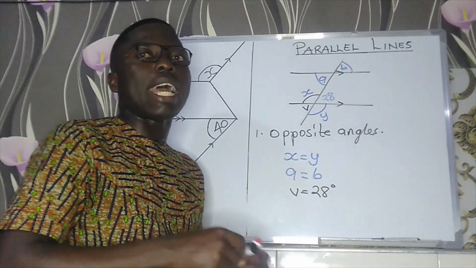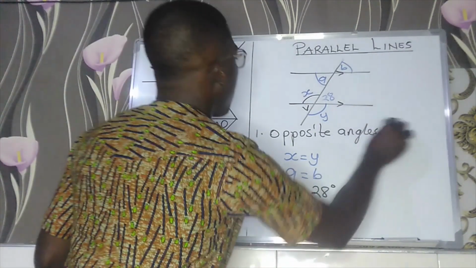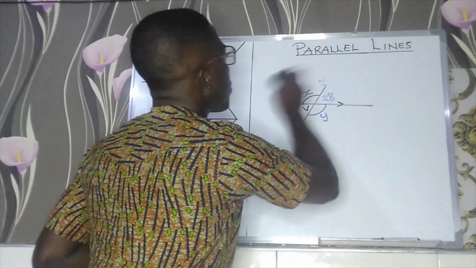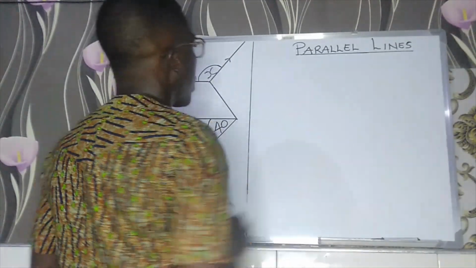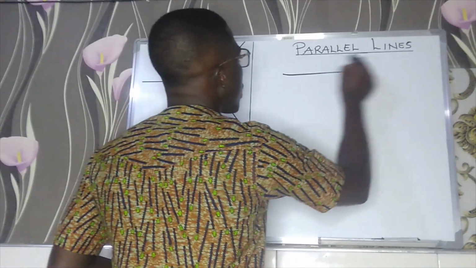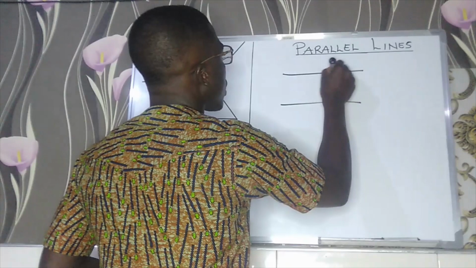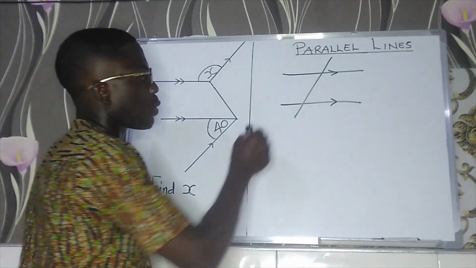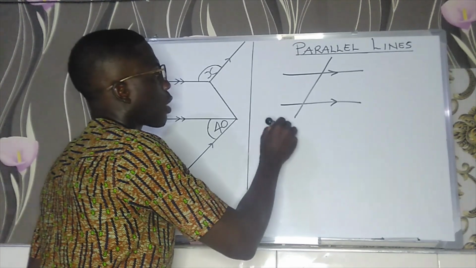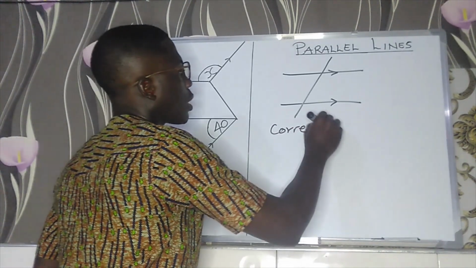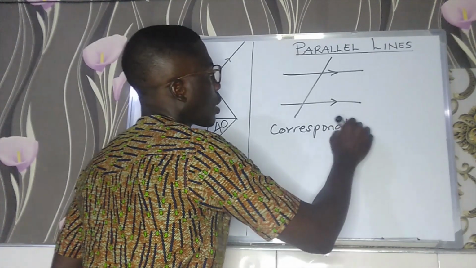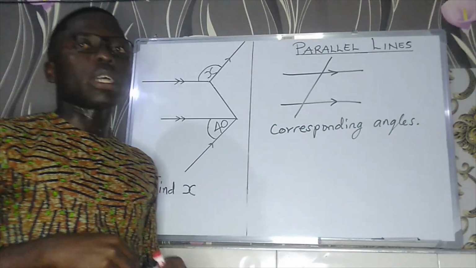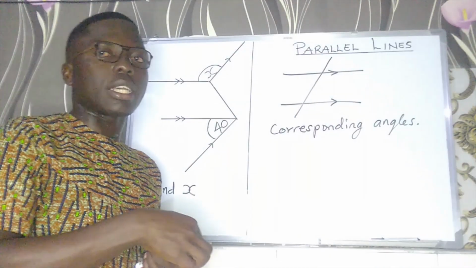Good, let's move on to the next type of angle when a line crosses through parallel lines. The next one we'll be talking about is the corresponding angles.